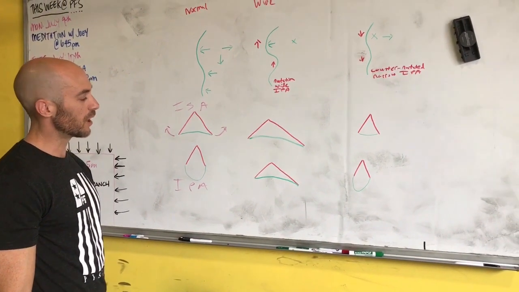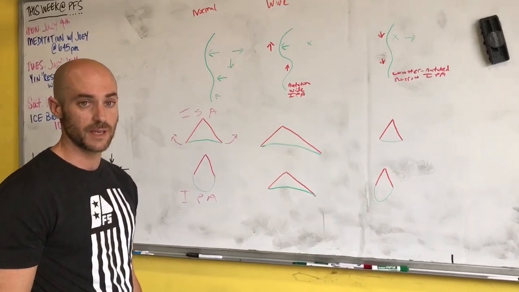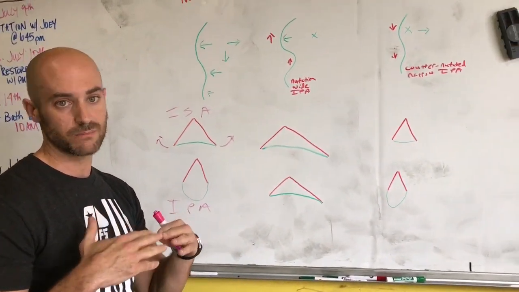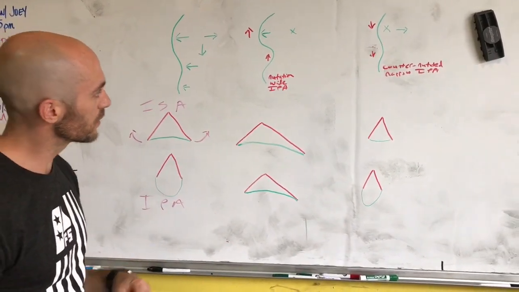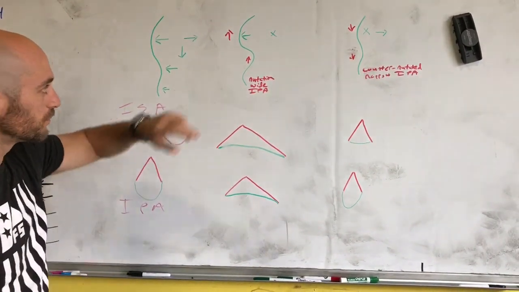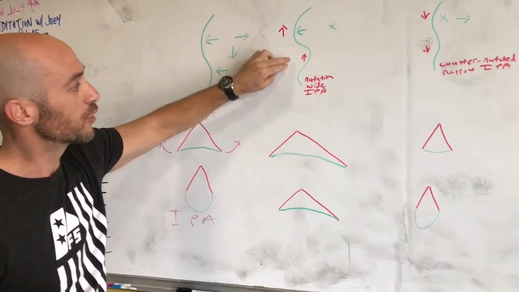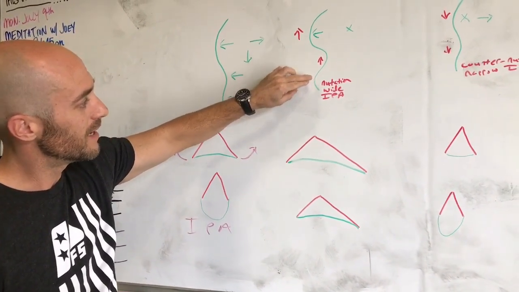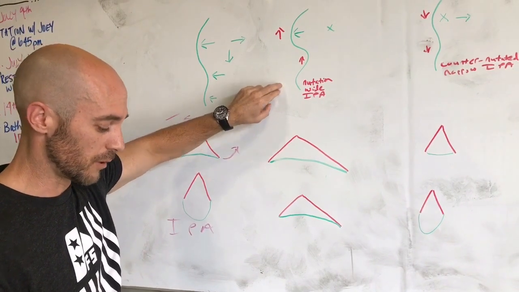Okay, so let's start talking about when things get messed up. Let's talk about the spine in a wide infrasternal angle, meaning larger than 90 degrees, probably 110, 120 in the infrasternal angle. If that occurs, what's going to happen is I'm going to get an increase in all my spinal curves. I'm going to get an increase in my thoracic kyphosis, an increase in my lumbar lordosis, and instead of having counter nutation in my sacrum, I'm going to have nutation in my sacrum.